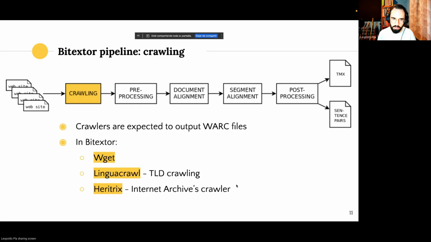LinguaCrawl is the one that we developed, and it is focused on top-level domain crawling, because sometimes in some languages we expect to only find that kind of data in its top-level domain. Like, I don't know, Icelandic, for example. We expect to find lots of data in Icelandic in that top-level domain.